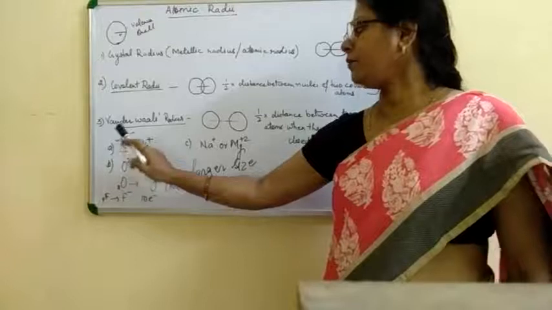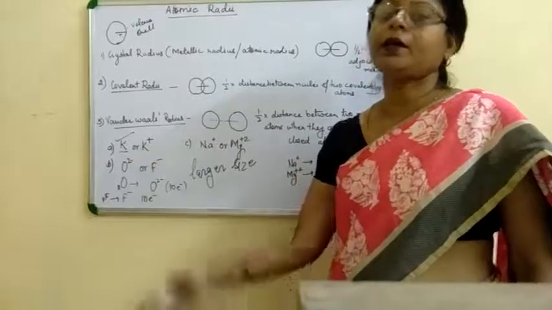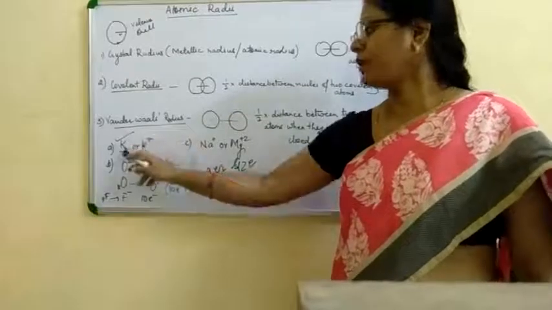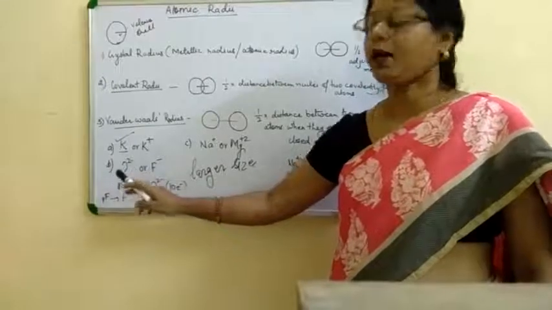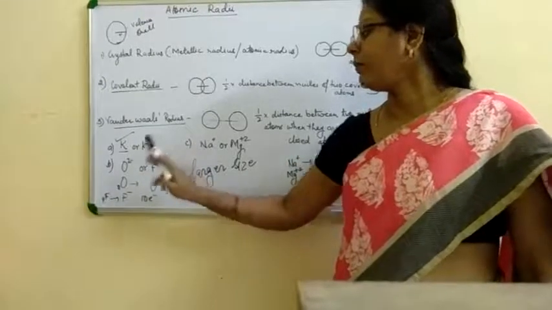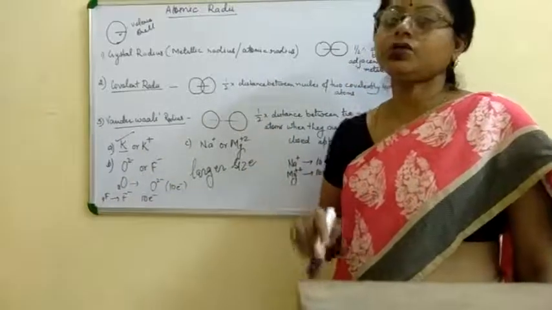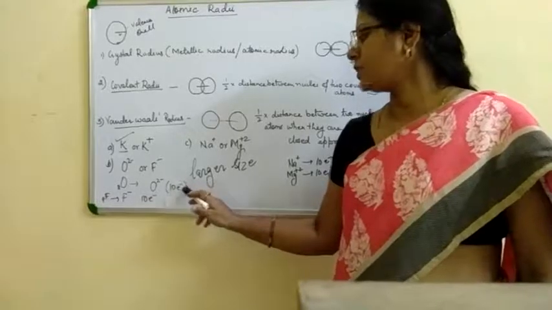So I think it is clear to you. Among potassium and potassium ion, when the parent atom forms the cation, the size of the parent atom is larger, so the potassium atom is larger. Oxide ion and fluoride ion are both isoelectronic, both contain 10 electrons, but oxygen contains lesser nuclear charge. That's why the oxide ion is larger in size.